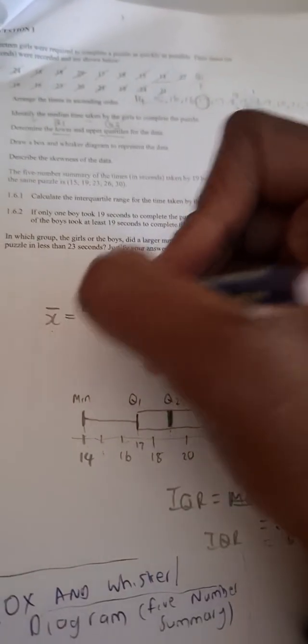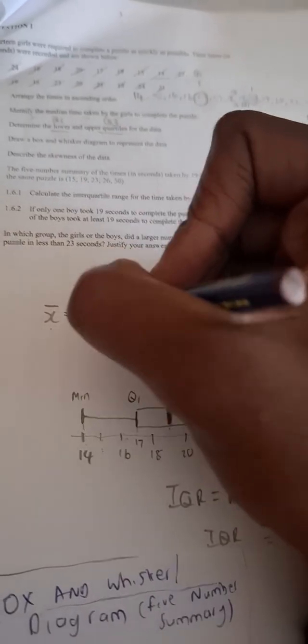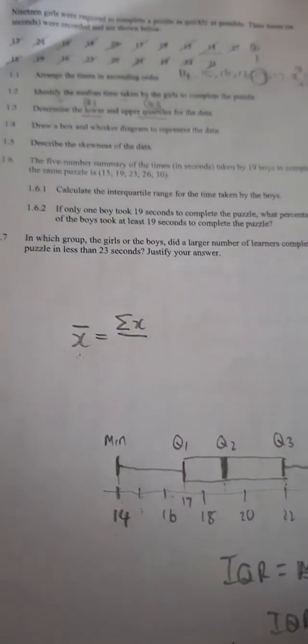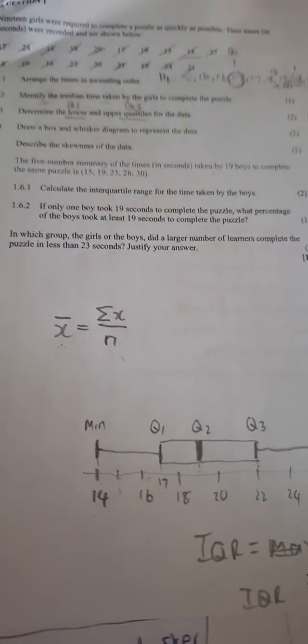So remember, guys, when we are calculating mean, the symbol we use for mean is X bar. This X bar means the sum total of all the data values that you have, all 19 of them, you add them together. This is a symbol that stands for sum over n, meaning the number of data values.